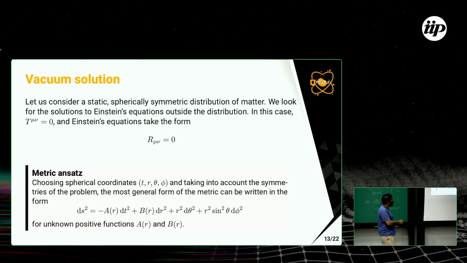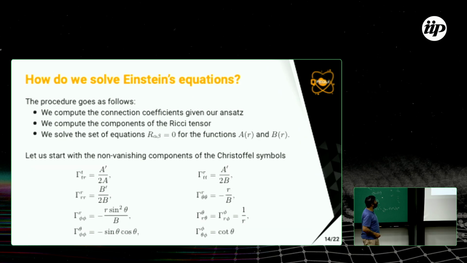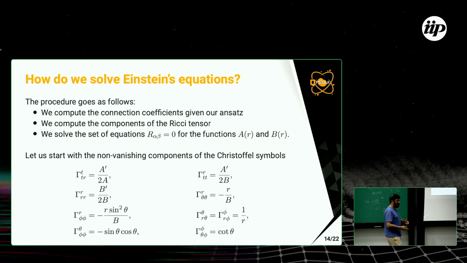Okay? So once I have this, it's easy to proceed because we just need to find these functions, and these are positive functions. They cannot change sign. Otherwise, you change the signature of the metric, and that cannot happen. So the first thing we do, we compute the connection. Because we have the metric, we just put the metric in the connection. The connections are written in terms of derivatives of the metric, so we can compute all the coefficients of the connection. Once you have the connection, we can compute the Ricci tensor.